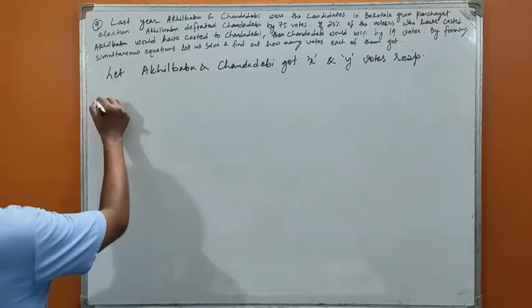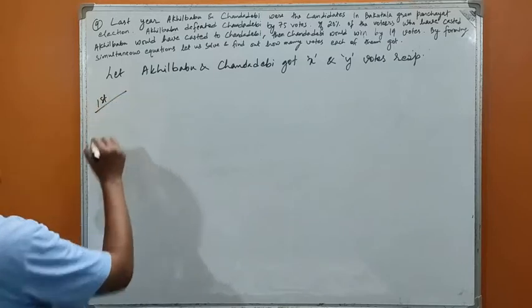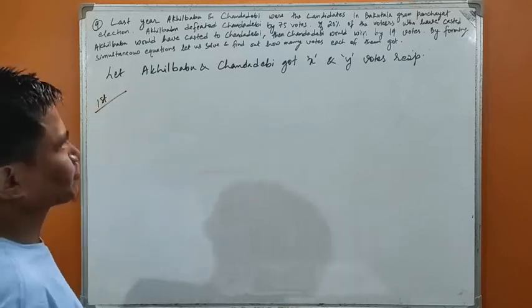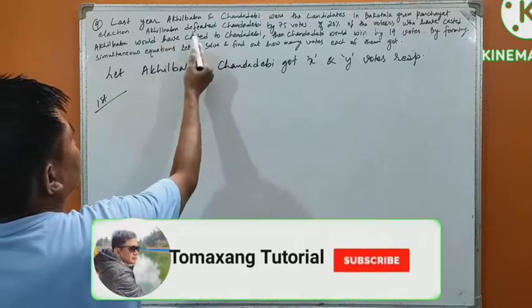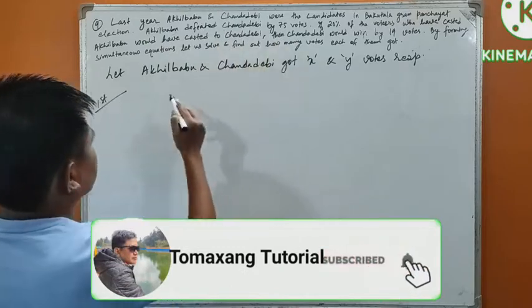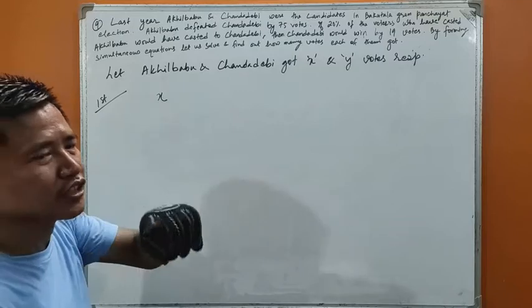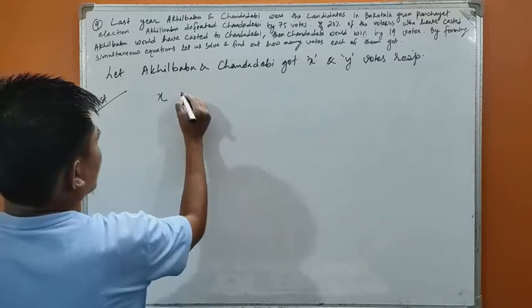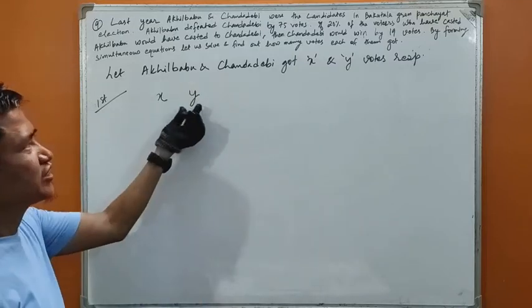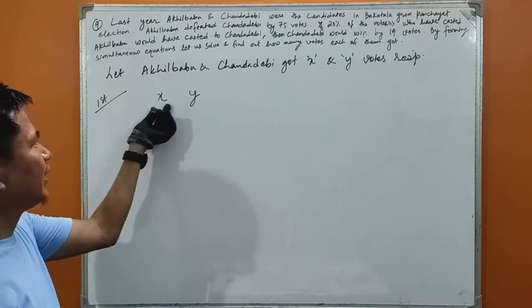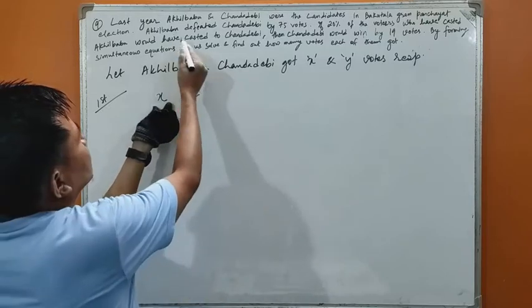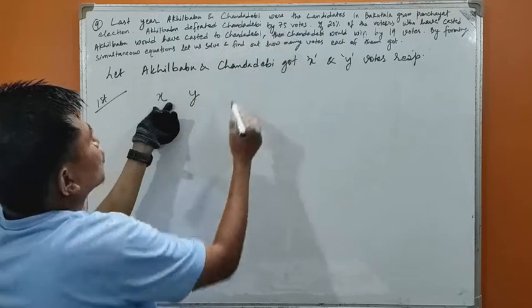Okay, first condition is very simple. You will definitely understand this. Akhil Babu defeated Chanda Devi by 75 votes. X is the number of votes which Akhil Babu got, and Y is the number of votes which Chanda Devi got, isn't it? And according to the question, Akhil Babu got 75 votes more than Chanda Devi.